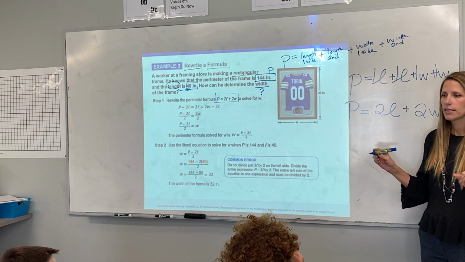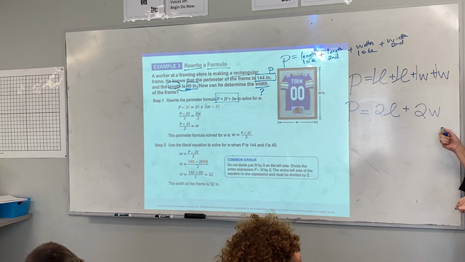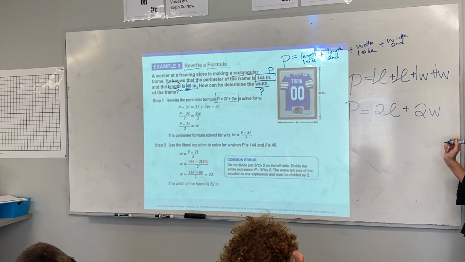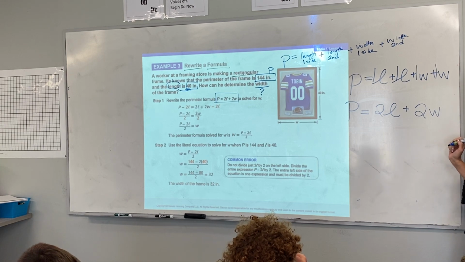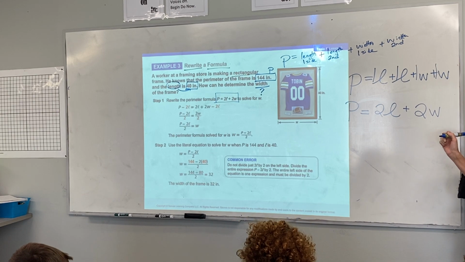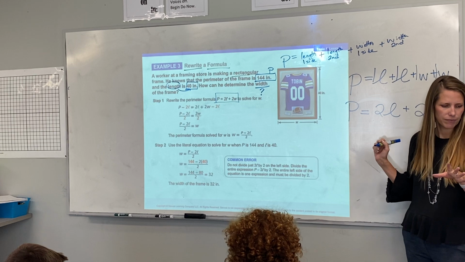What we're doing is not plugging anything in yet. We are making this formula work for us so that when we do plug in our numbers, we don't have to solve algebraically anymore. Carmine. L equals and W equals. No. But maybe I'm not asking this the right way.